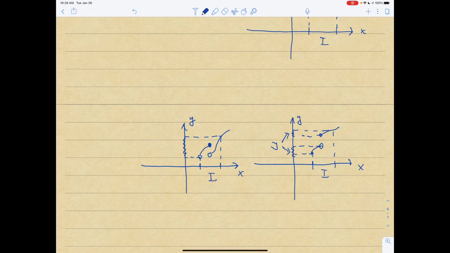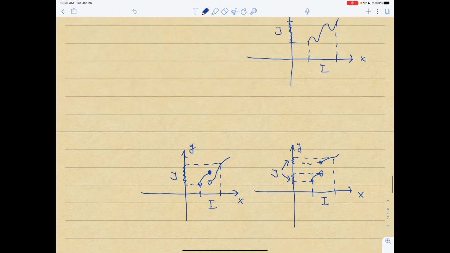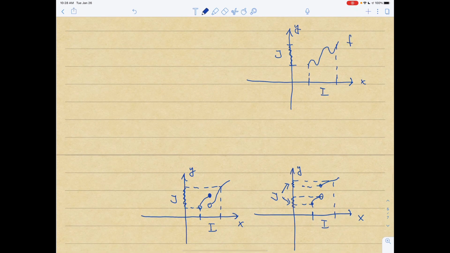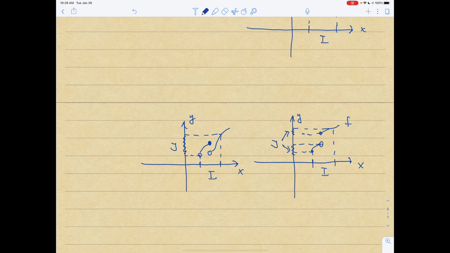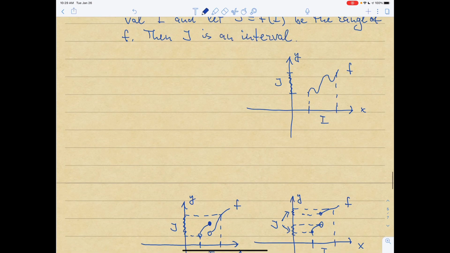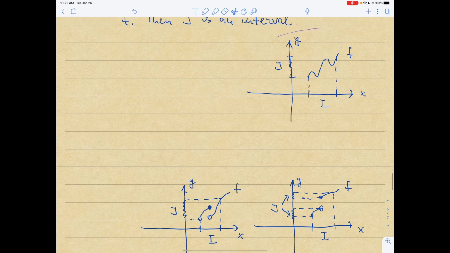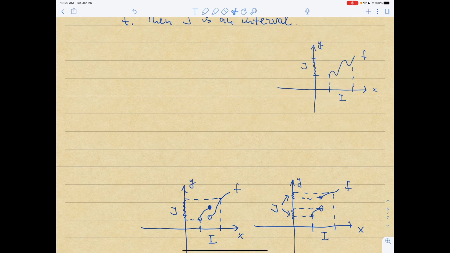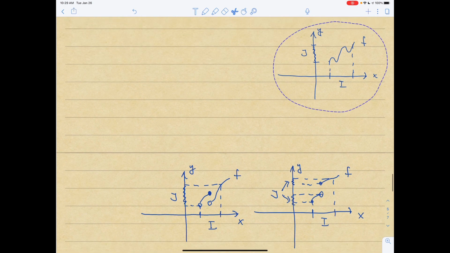Right, so J still is an interval because the jump was a jump down. So these three cases illustrate to you that, as I said, this is not an if and only if statement. If the function is continuous on an interval, then the range must be an interval. But if the range of the function is an interval, then it doesn't mean that the function must be continuous. All right, so let me just rearrange these pictures in the same place.